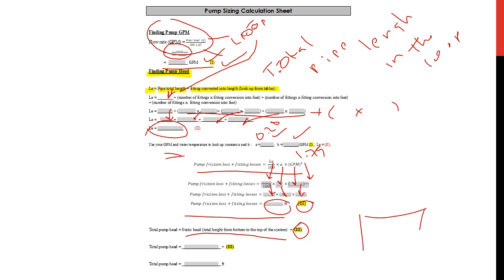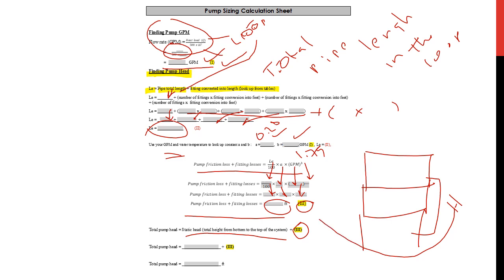As we said, if we have 3 stories, you're going to calculate the height from the top to the bottom. That's going to be your height, and this will go into here. Okay, we got that. We add those two numbers together, here and here, and that is your pump head.